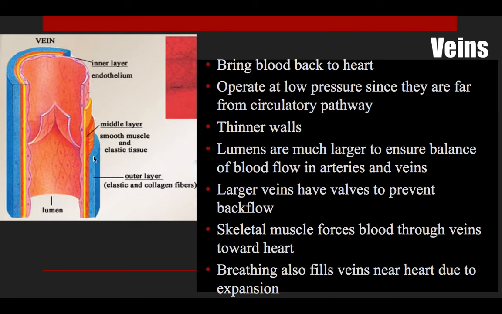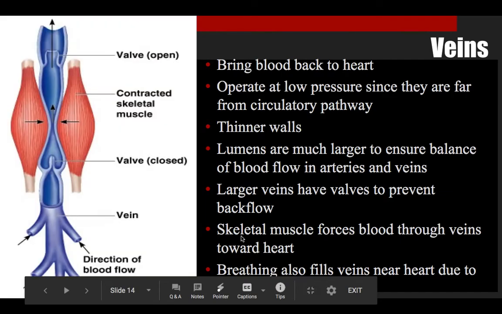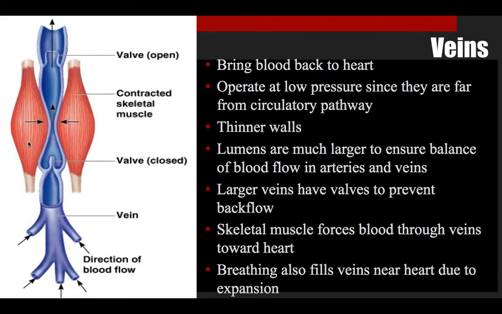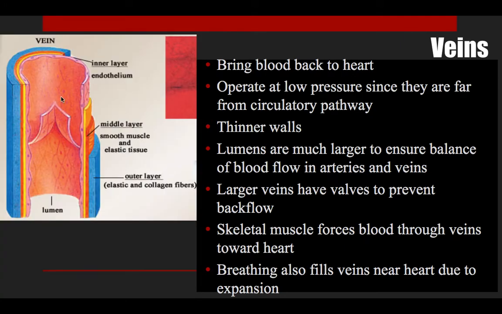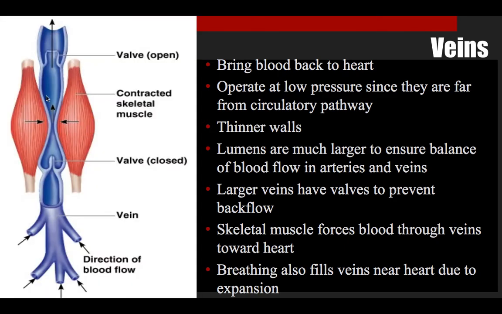On top of that, you have skeletal muscle that's external to the veins. That's also helping blood to flow in one direction. So remember, you have smooth muscle right here in the tunica media. And on top of that, you have skeletal muscle, the striated muscle, that's surrounding the veins, especially the larger ones. And so when the skeletal muscle contracts, it pushes against the vein.